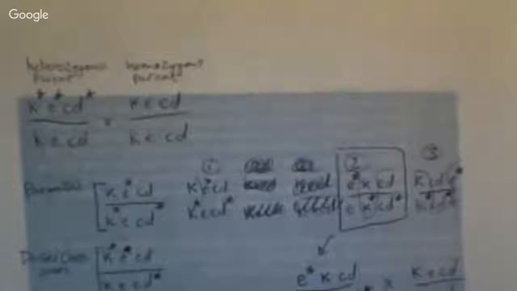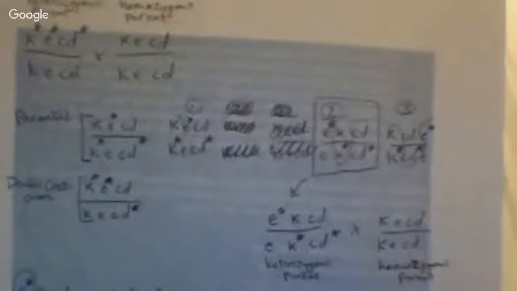Regular E is ebony body, and CD is cardinal eye color.